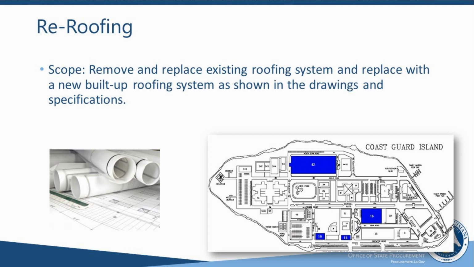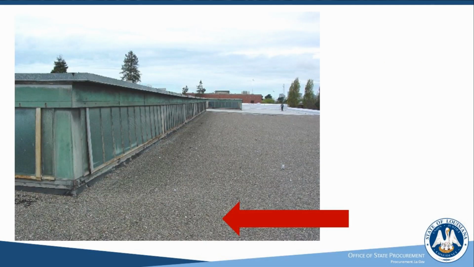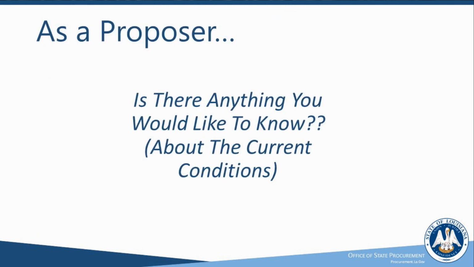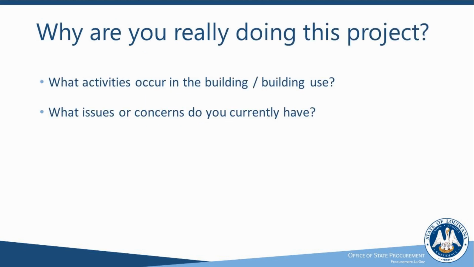Not true, absolutely still needed. These are some pictures from the actual site. The project was to rip and replace this roof, but we did pause in the RFP process and ask those proposing contractors, hey, is there anything else you would like to know about this project or about our current conditions? And they said, absolutely. What activities or uses are occurring in the building now? And what issues or concerns do we have at the moment?